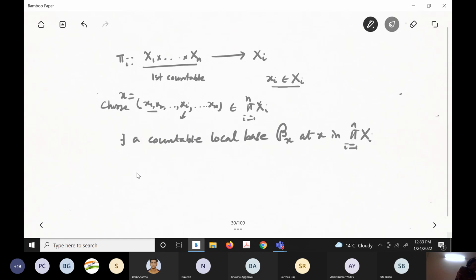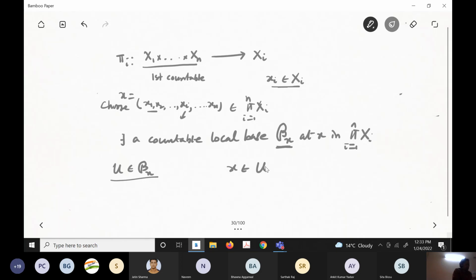Now we take U belonging to Bx, the local base. Now, U first of all is open and X belongs to U.